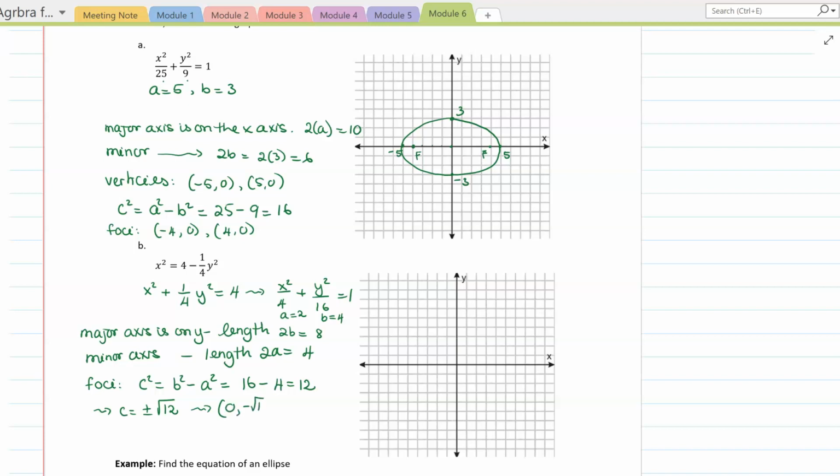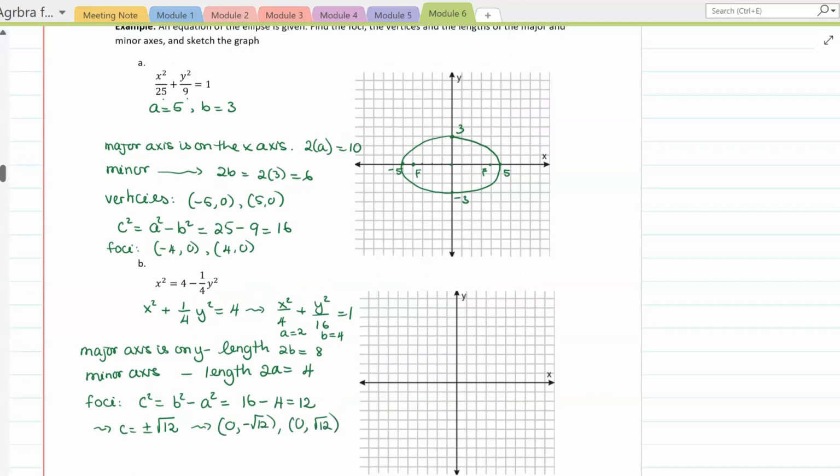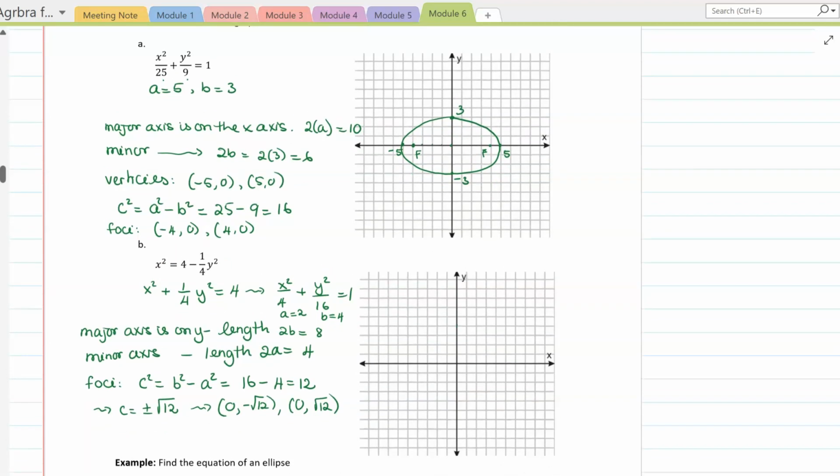So the foci are at 0, negative root 12 and 0, root 12. So here we got our ellipse, and the vertices are at 0, 4 and 0, negative 4, and the foci are somewhere over there.